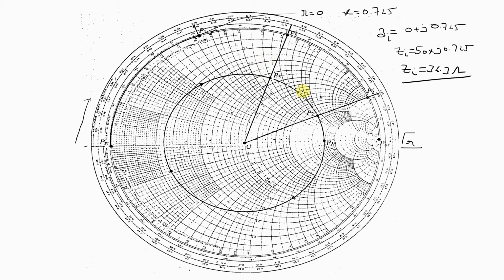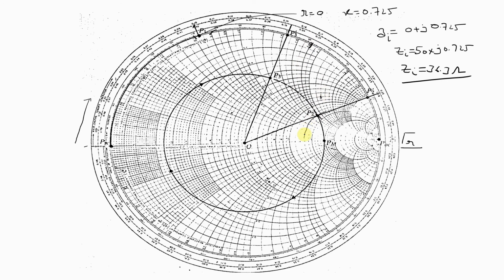Now we have to mark the point 2.6 plus J 1.8. So these are the circles, and this is the circle of R 2.6. This is the circle of x 1.8, and this is the intersection here.